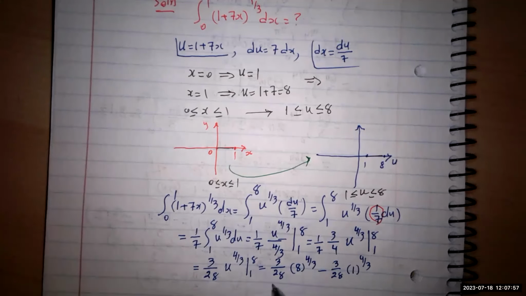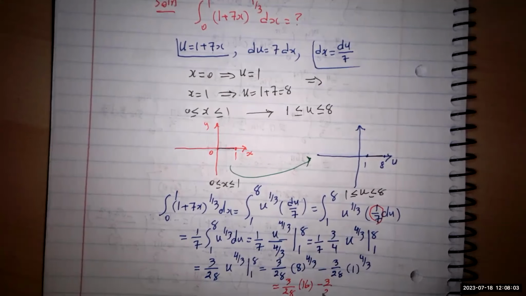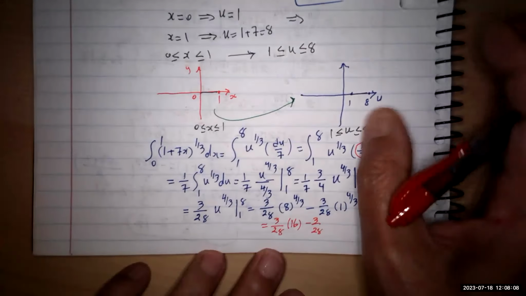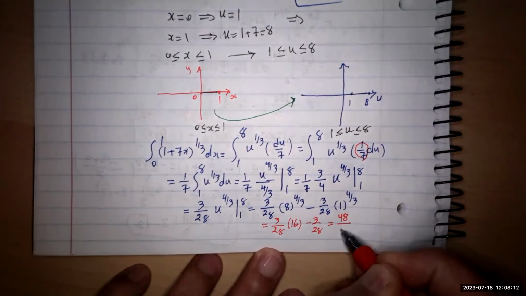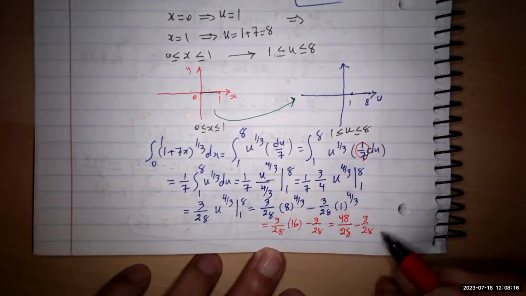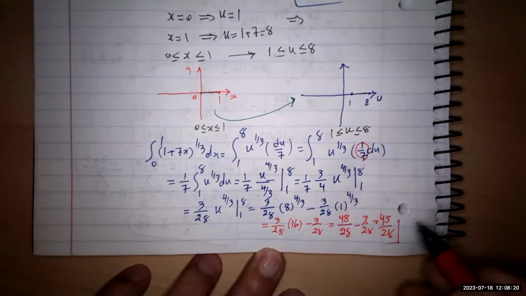So that gives you 3 over 28 times 16, which is 48 over 28, minus 3 over 28, which is 45 over 28 as the final answer.